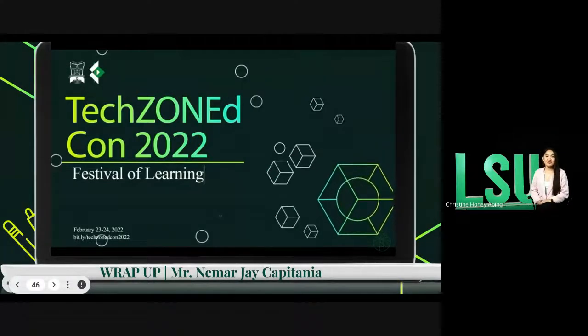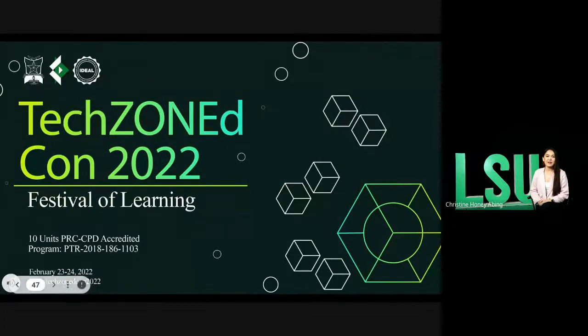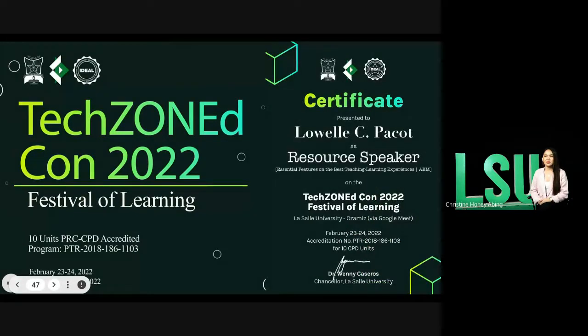So, in grateful recognition of our speakers as they have shared their time and expertise in today's training, La Salle University awards this certificate of appreciation to Mr. Llewell C. Pacot as a resource speaker for the essential features of the best teaching learning experiences for ABM.